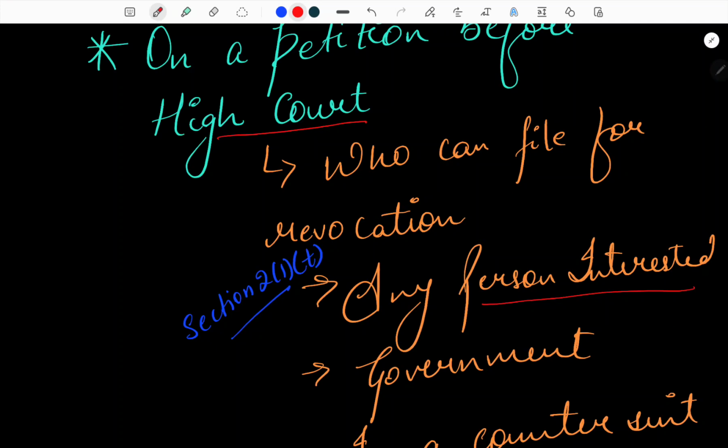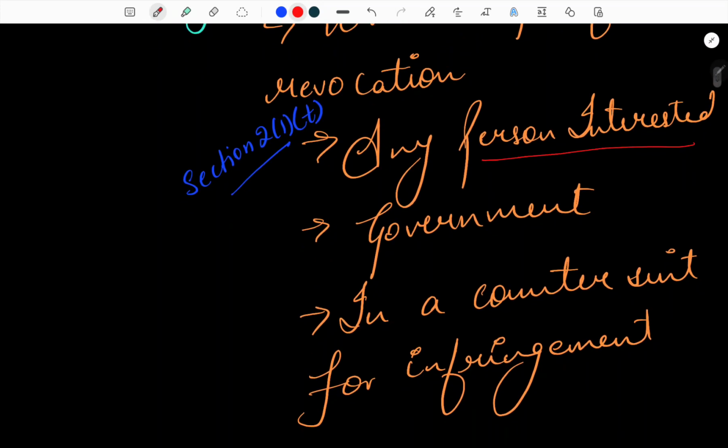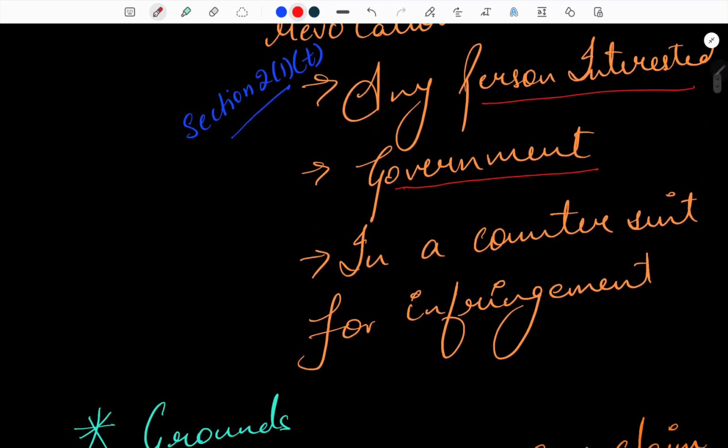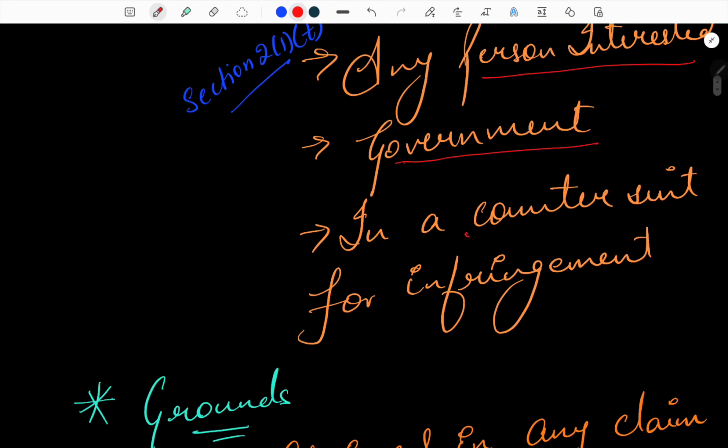So that person is a person interested. The second category who can file for the revocation is the government, and the third category who can file for revocation is by means of a counter suit in a suit for infringement.